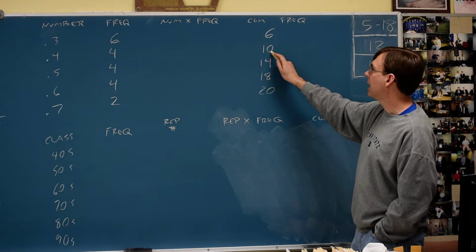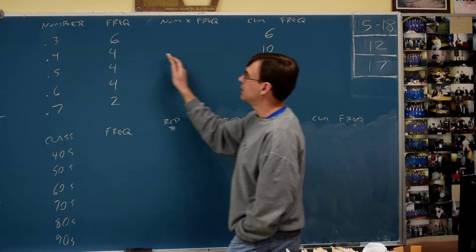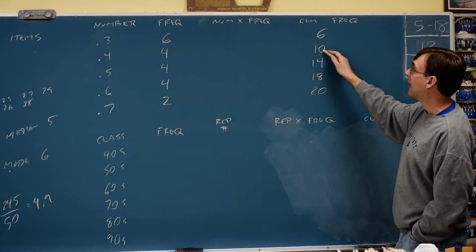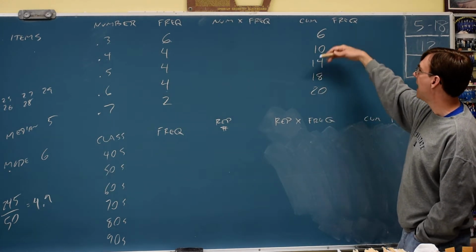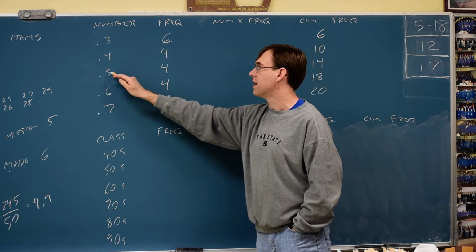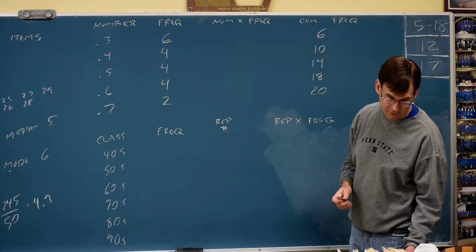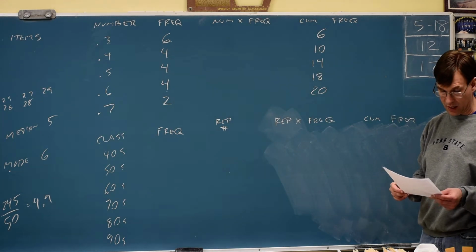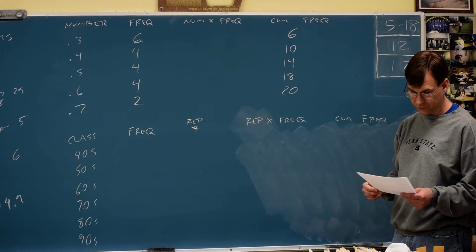Our 10th item, item number 10, is where the 0.4s came to a conclusion. The 11th item would be in the next line up, which would be a 0.5. So we need to average 0.4 and 0.5. The median is then going to be a 0.45.